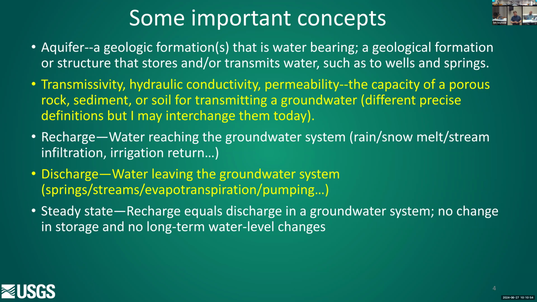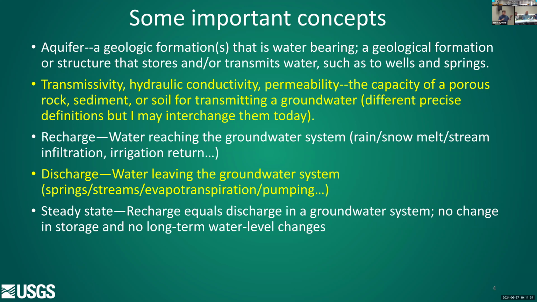And then finally, the term steady state, if I might use that. Basically in a groundwater system, if your recharge coming in equals your discharge going out, we call that a steady state system, and there's no change in groundwater storage. There'd be no long-term change in groundwater levels because everything is equally balanced. So that's called a steady state condition.